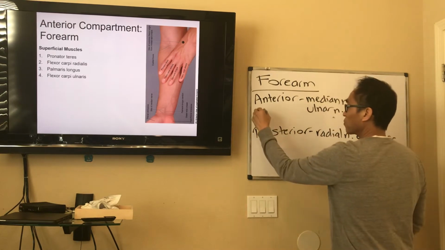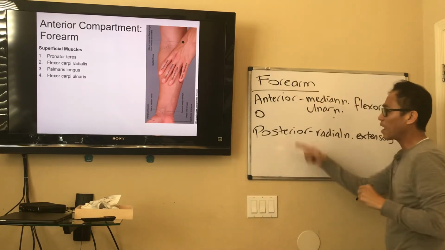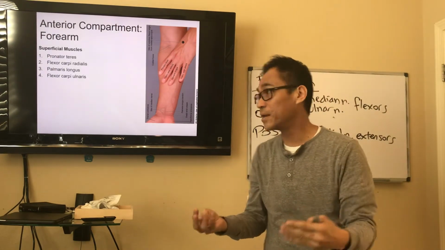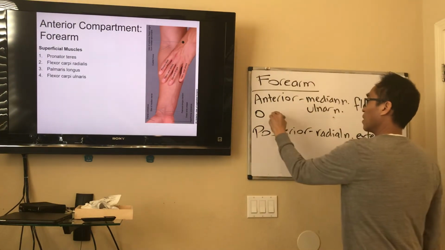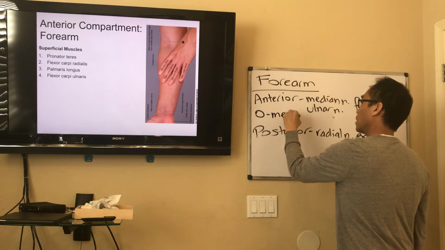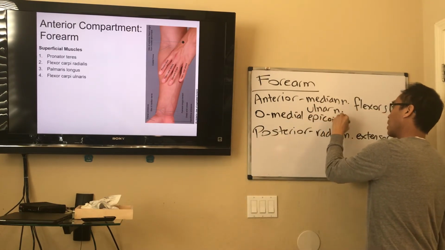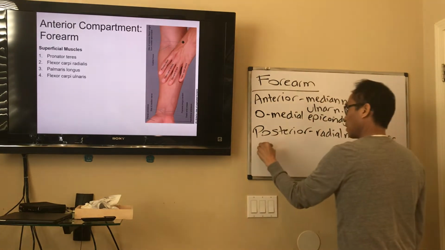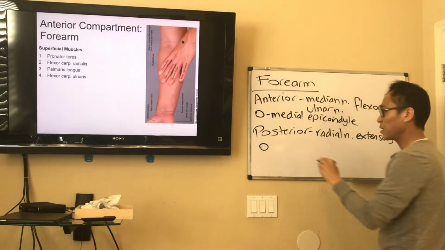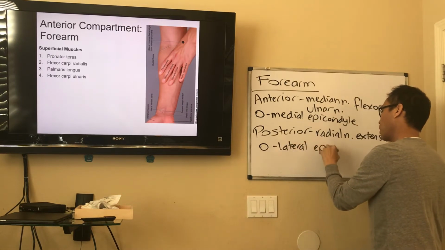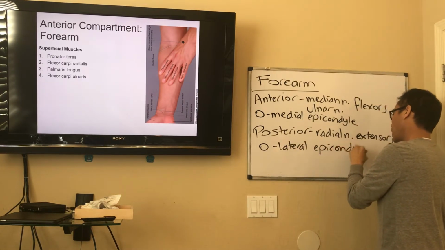So the origins for the anterior compartment all share a common flexor tendon, and the extensors a common extensor tendon. Medial epicondyle. Posterior compartment originates from the lateral epicondyle.